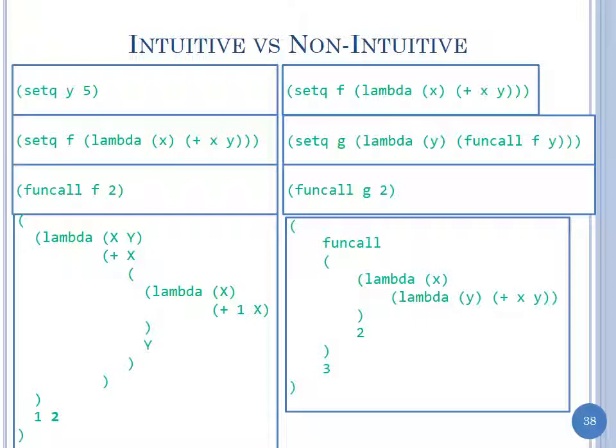So when was the dynamic scope intuitive? What were the conditions under which the dynamic scope was intuitive? We never got confused about the left-hand side evaluations, right? Even though we were using dynamic scoping.